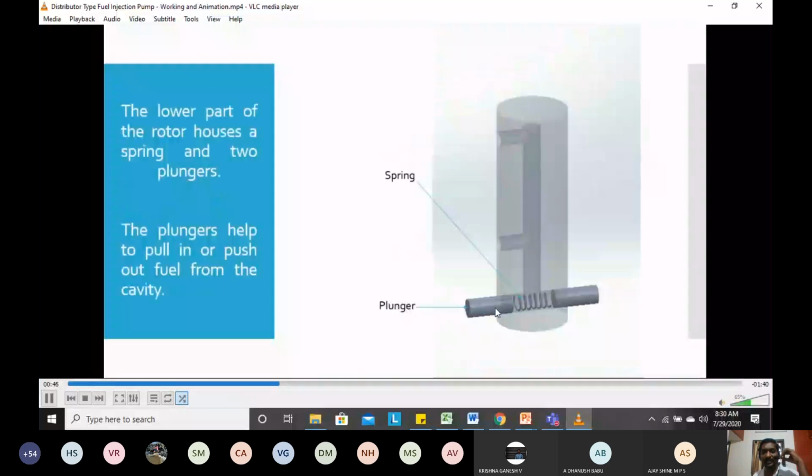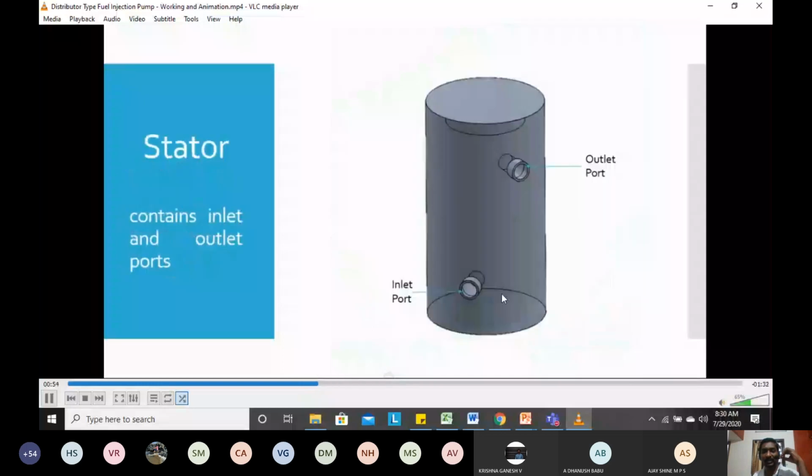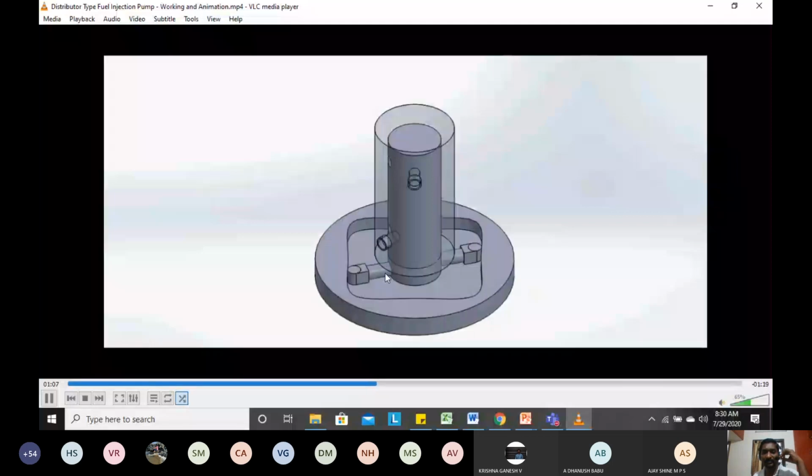This is the plunger arrangement which exerts the pressure, and thereby the high pressure diesel is going to pass through this longitudinal cavity, and it is going to come out through the outlet port. This will go to the injector part. This is the fuel inlet line, this is the fuel inlet port.